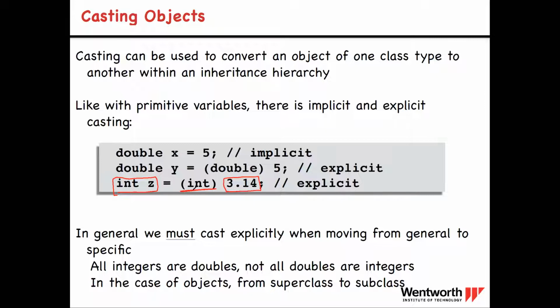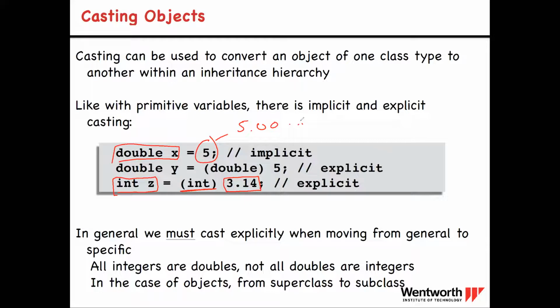A double is more general than an int because all integers are doubles. This is just 5.00 and so on.